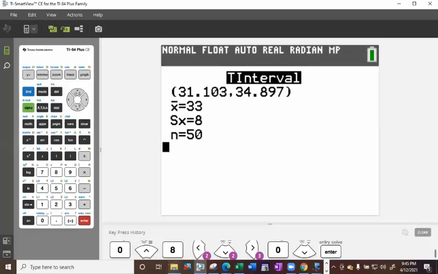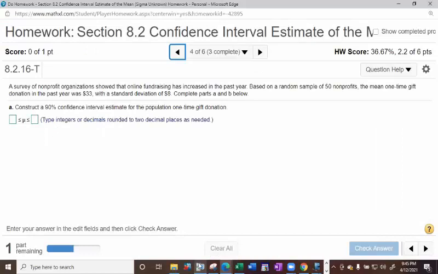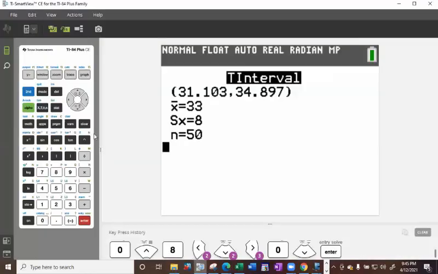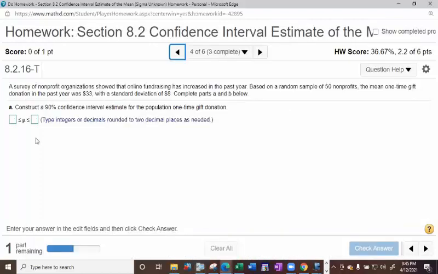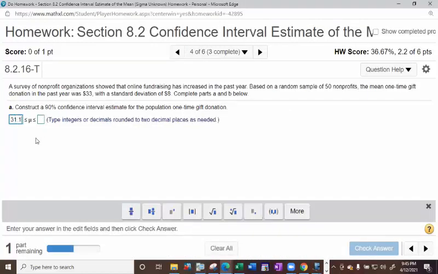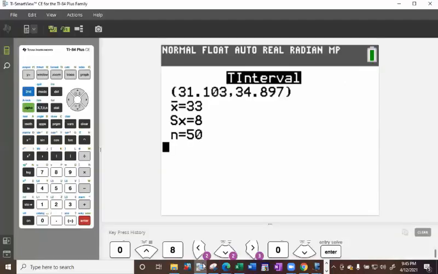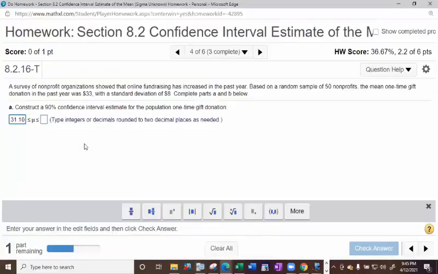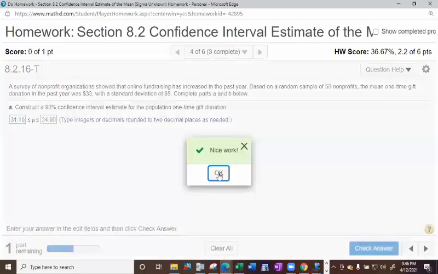Let's see how many decimals it wants. 2, so I'll go 31.10 and 34.90. Tremendous.